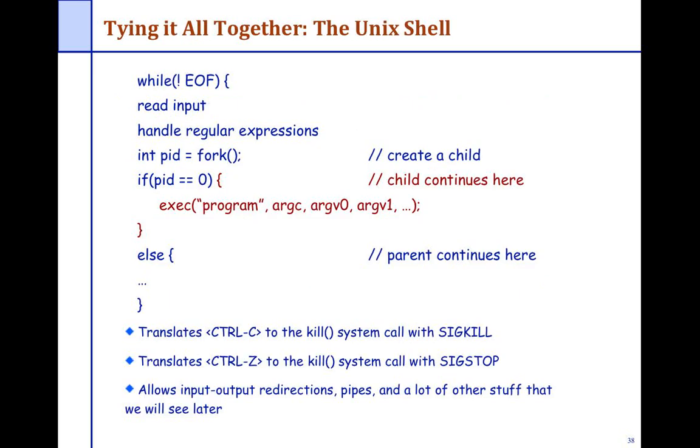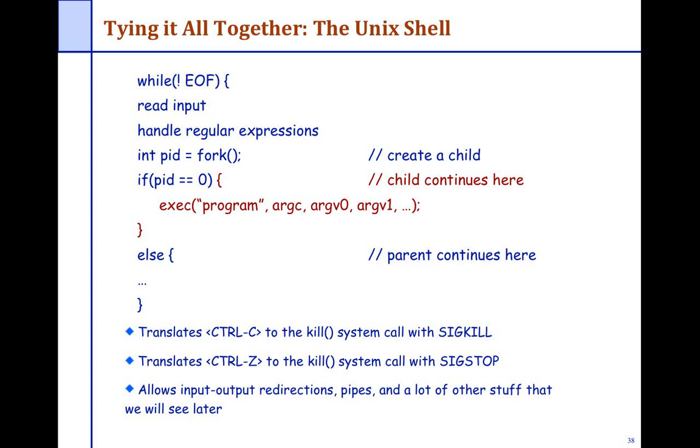So tying it all together, as part of the first assignment, we asked you to implement a UNIX shell. Essentially, a UNIX shell would wait until you have an end of file character returned on the shell. This essentially terminates the shell itself. Shell is just a process, just another process, right? So you read the input that's provided to you on the terminal.